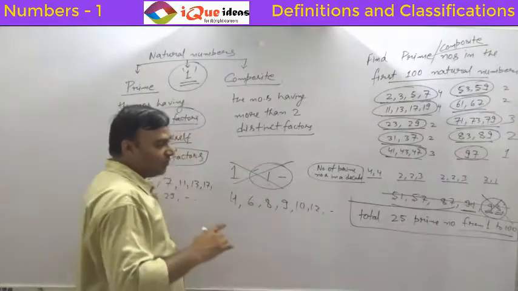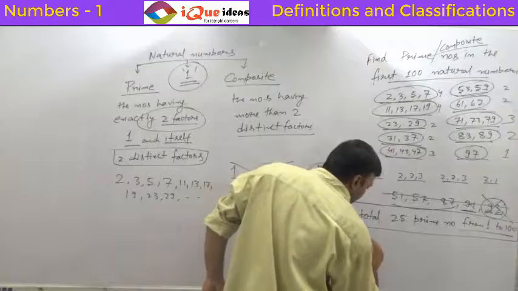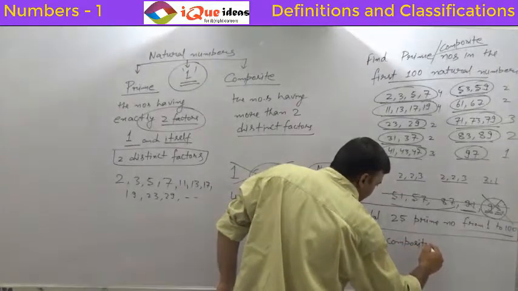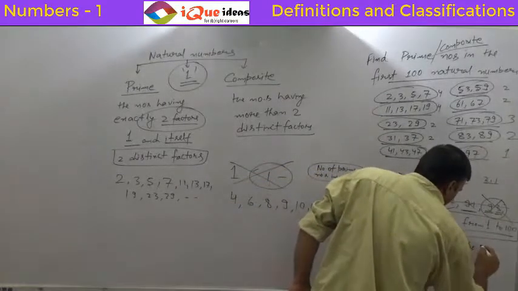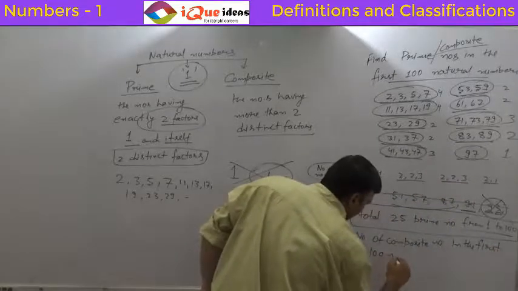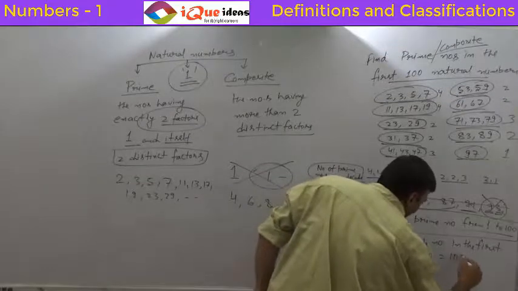So when you go on counting composite numbers, what you have to do is, if I say composite numbers in the first 100 natural numbers, what do we have to do? We have to remove something from 100.